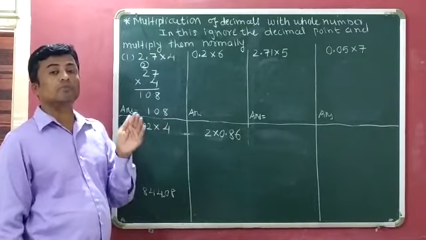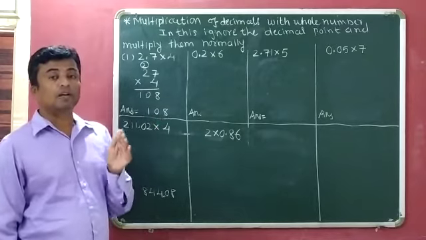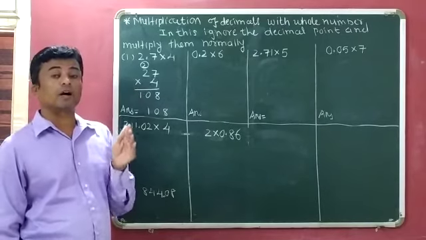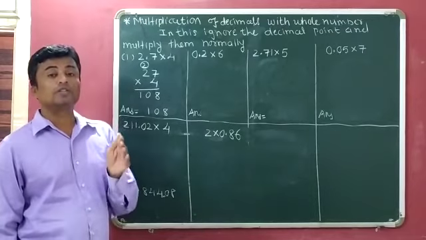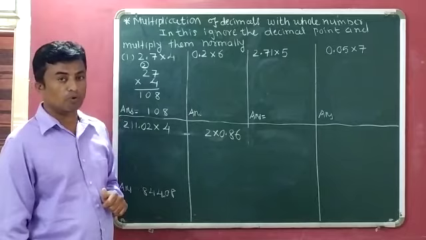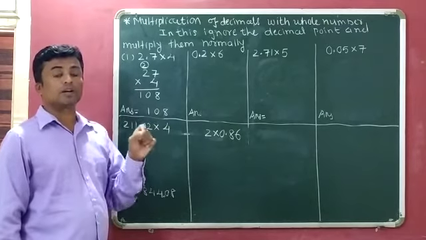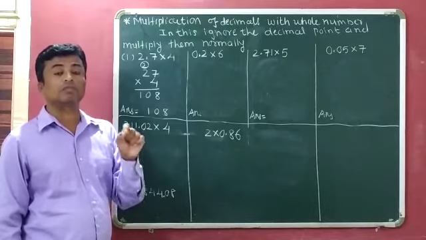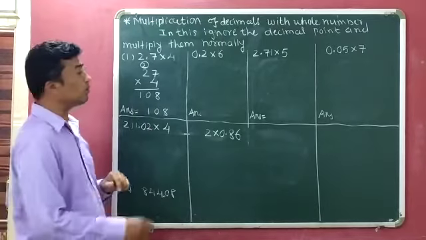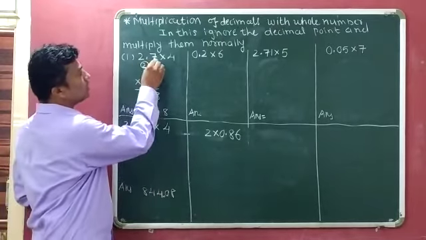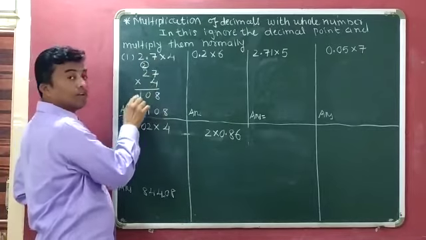To write the decimal point in the answer, we will count the number of digits which are available after the decimal point. So see children, in 2.7 the decimal point is available here.